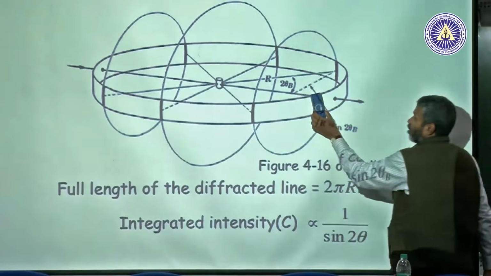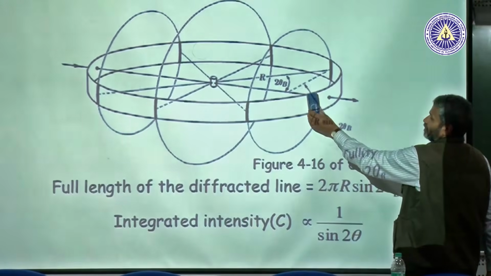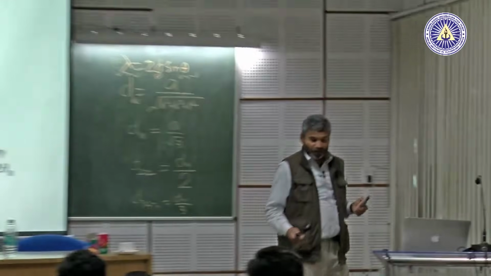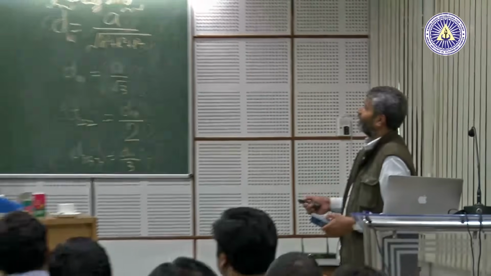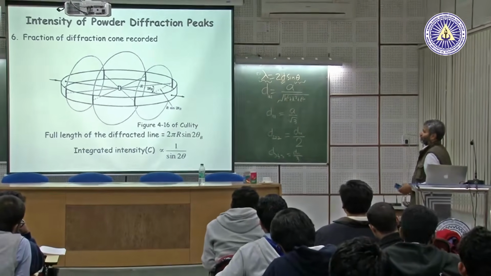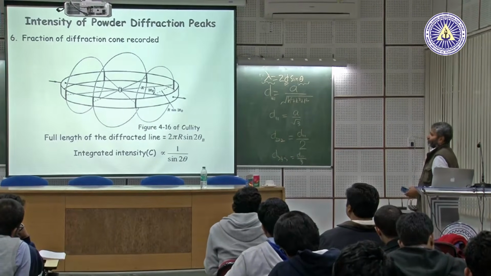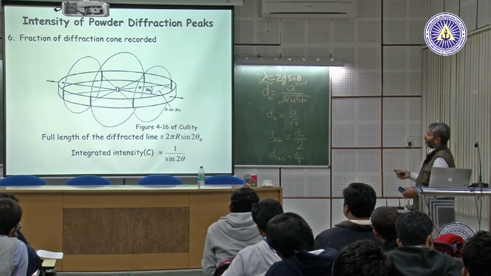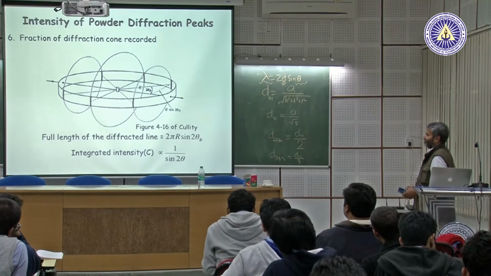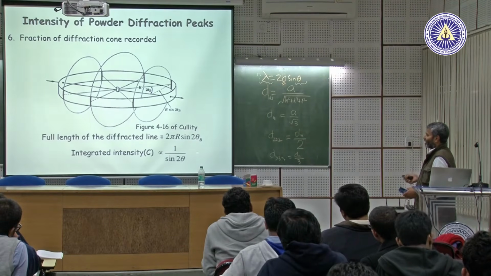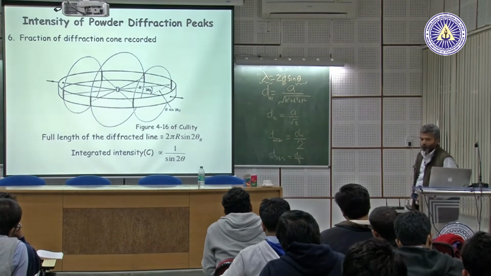So, if it is a smaller cone, the detector captures a large part of the cone, whereas if it is a larger cone, the detector captures only a small fraction of the cone. Okay. So, that is the meaning of the fraction of diffraction cone recorded by the detector, and by this simple geometry it can be shown that it will be 1 by sin 2 theta.